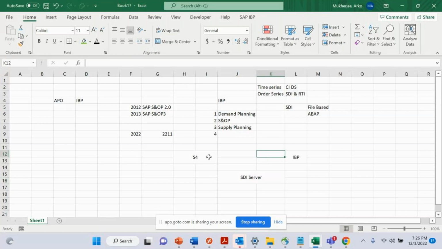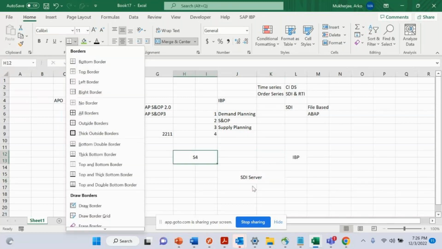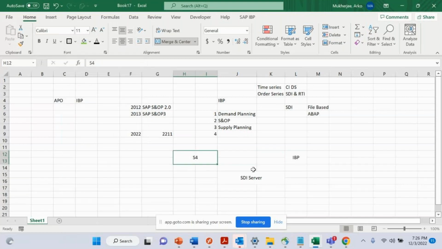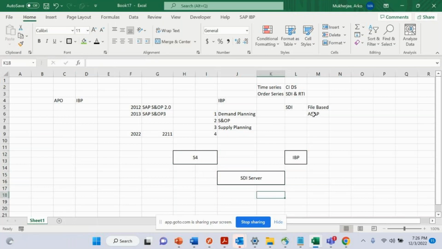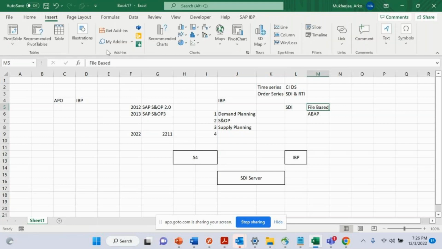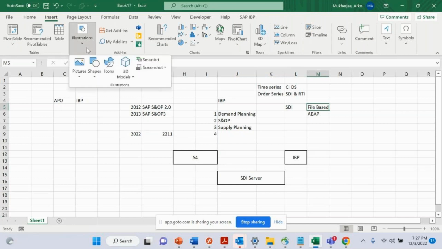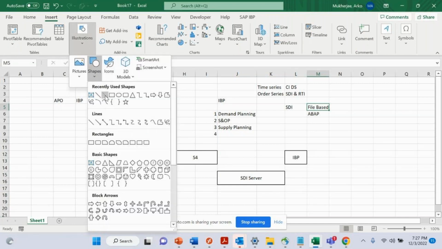So the process is that in the case of the file based adapter, we fetch our required data file from S4 to that file based server, that is, to the SDI server.